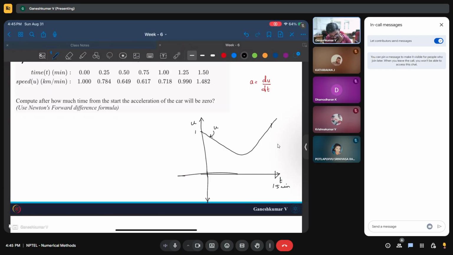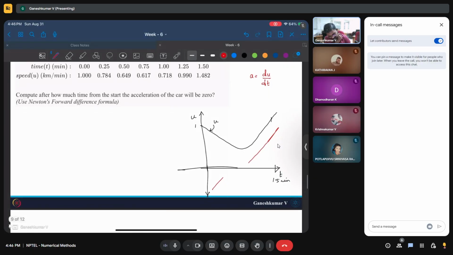It is going to start from negative, so that we know. After 0.75 it keeps on increasing, so it is going to be in the positive direction. At least till 0.5 we know.